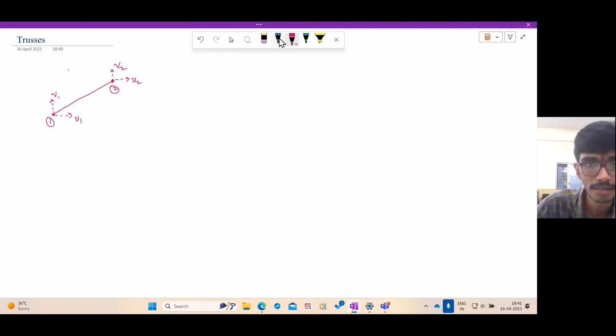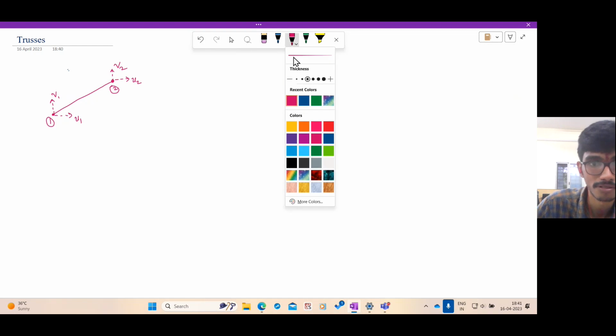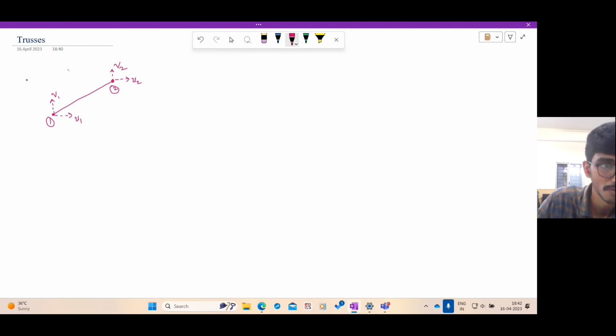So these are the global degrees of freedom referenced in the pink coordinate system. So you have a coordinate system like this, X and Y. But the member is inclined, so you need to have a local coordinate system. So let us call this U1 prime, U2 prime.